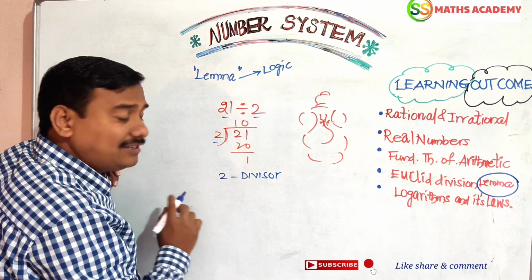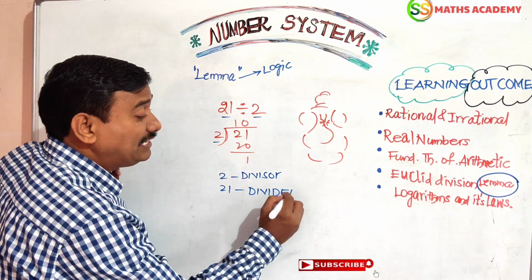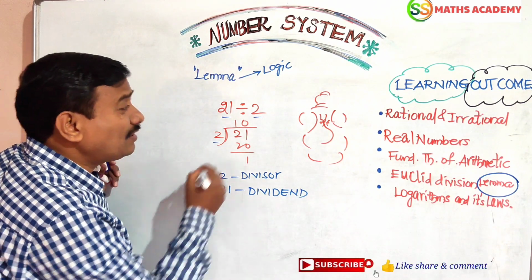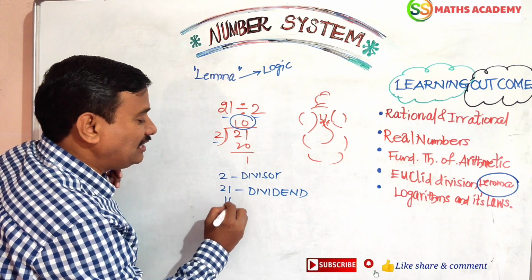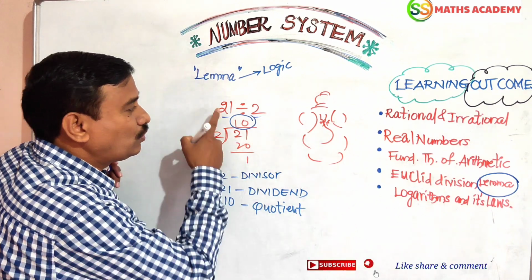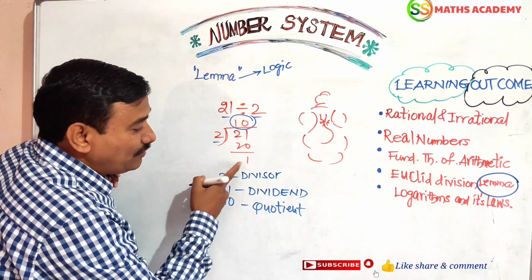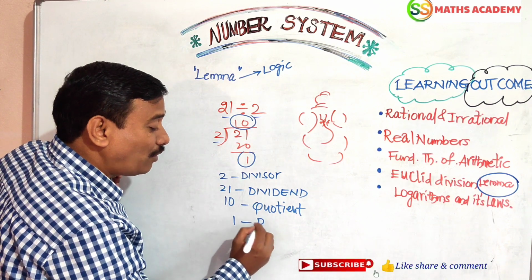Which one is being divided? 21 is divided, so it is called the dividend. The answer we get, 10, is called the quotient. And 1 is nothing but the remainder.